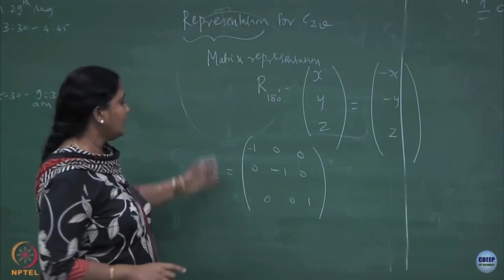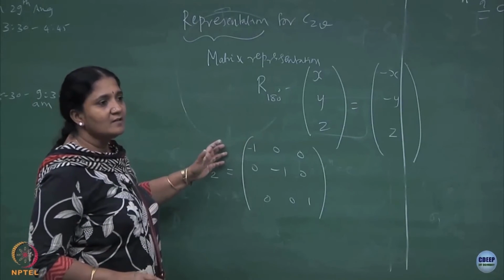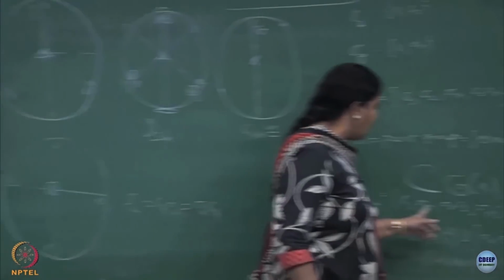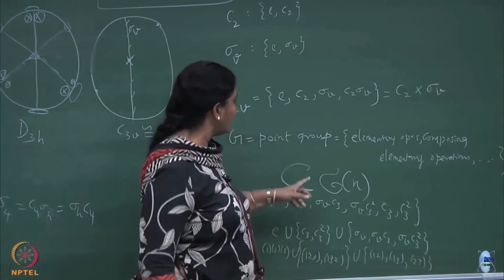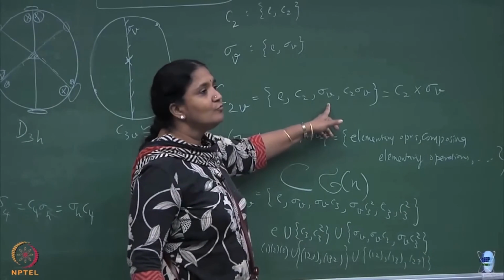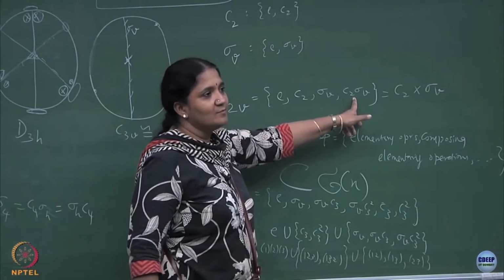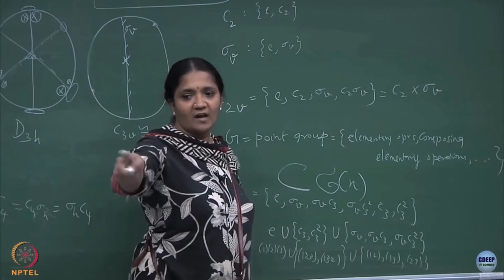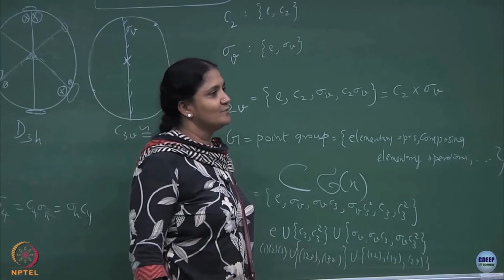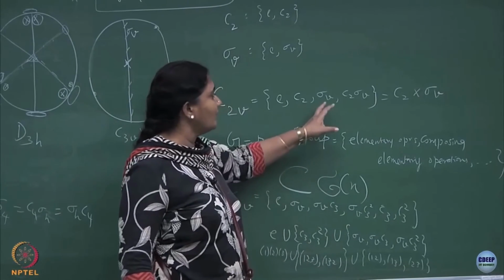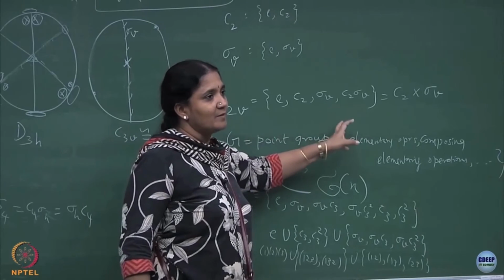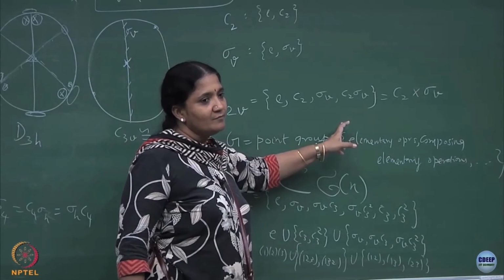Similarly all the other elements can be written. And clearly once I have written this, the properties which you have, if you multiply sigma v with C2, you will get one of those elements which is C2 sigma v, and you can verify that. Those are the other two mirror planes which you have. One mirror plane was sigma v, C2 sigma v is the other mirror plane. Okay.